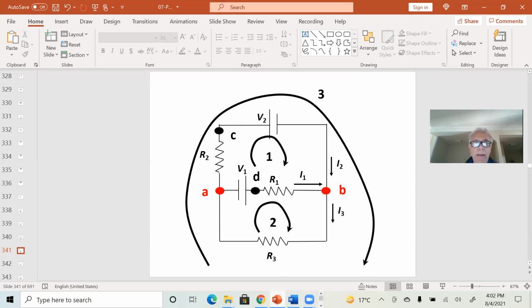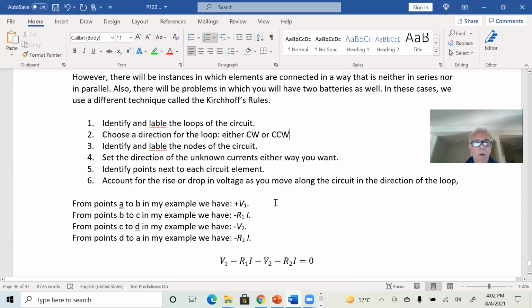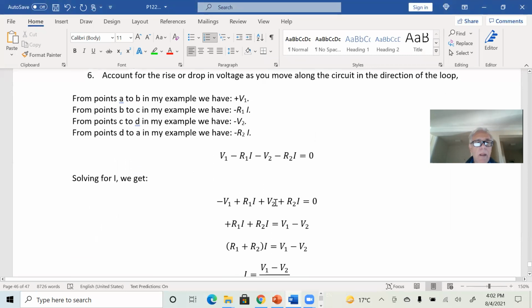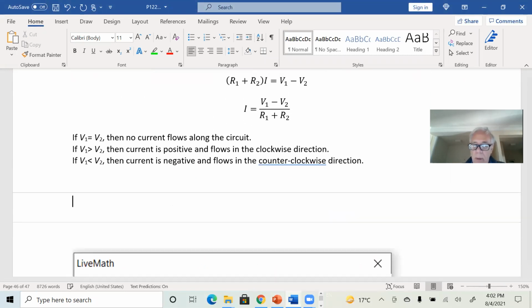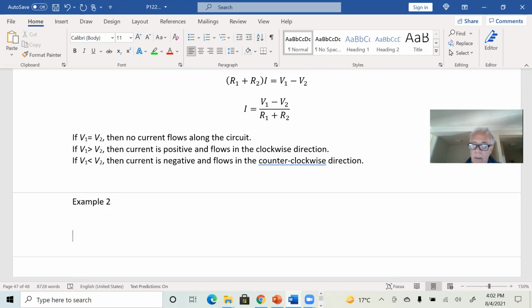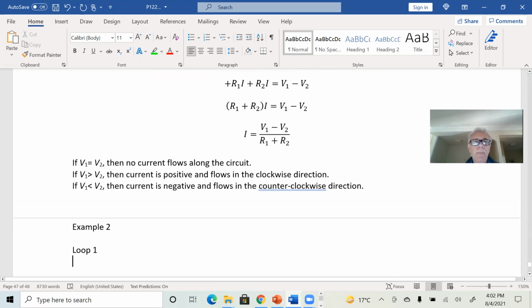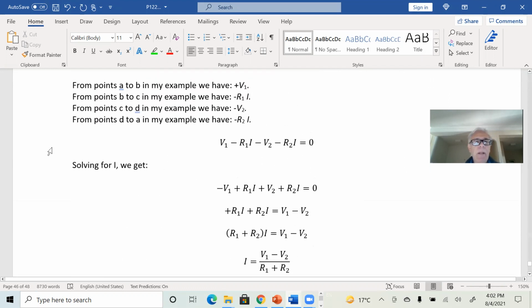Let's take a look. Loop 1, Example 2, right? Loop 1. I'm not going to go through this point A through B, okay?